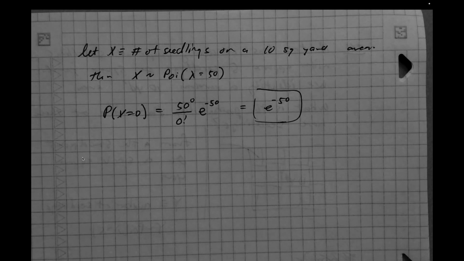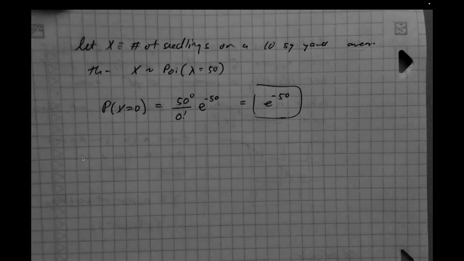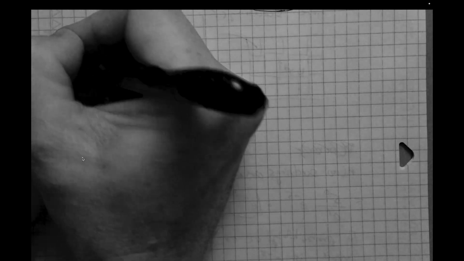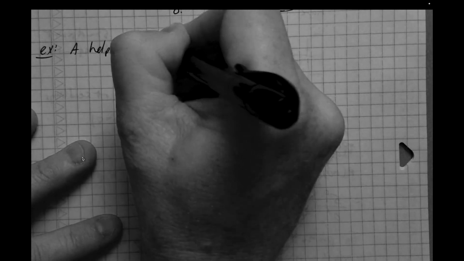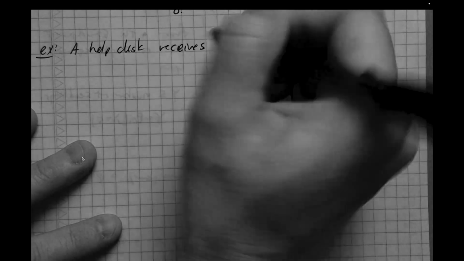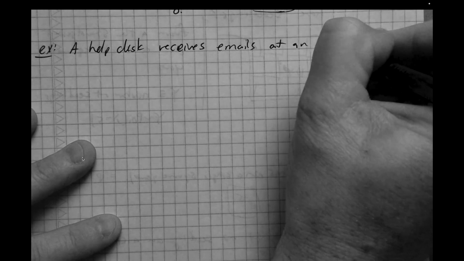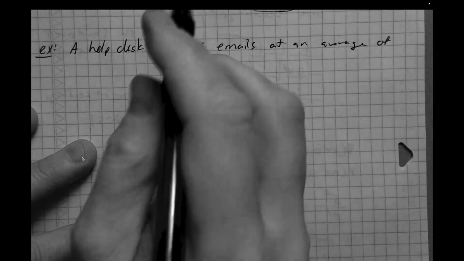Okay. Very good. Let's do one more example. This will be another time example. A tech support help desk receives emails at an average rate of 3 per hour.